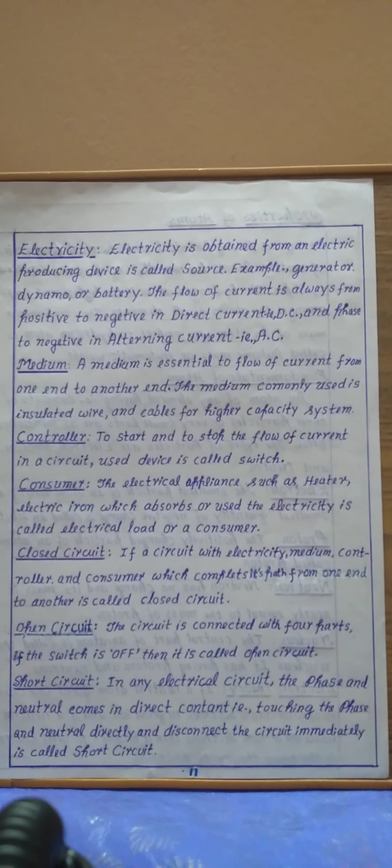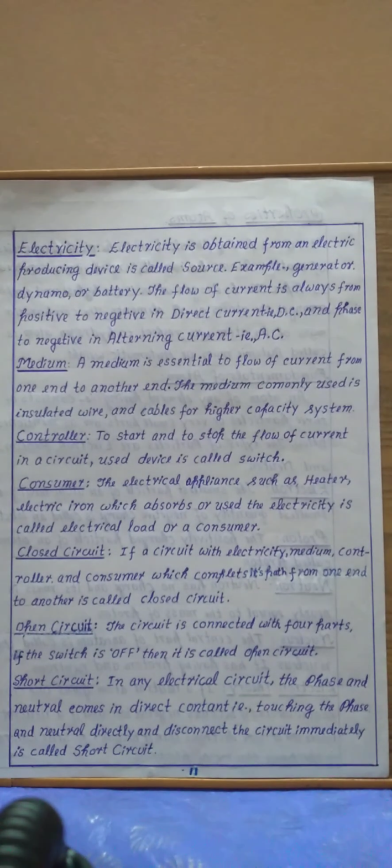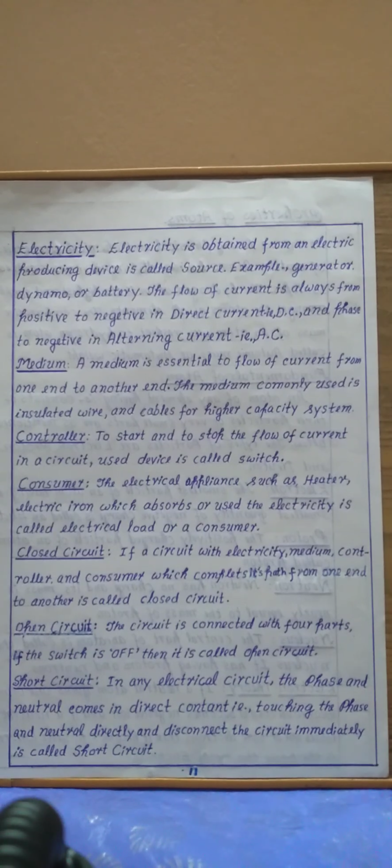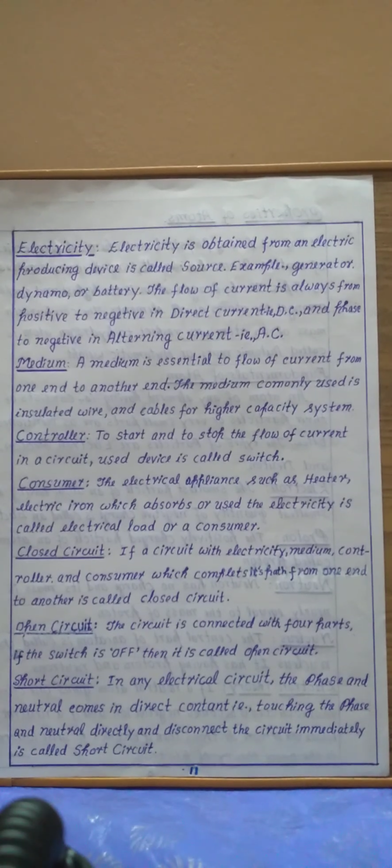Consumer means you are using a particular system or material, goods, substances or articles. That means how much it will use. That is called consuming. The consumer means who is using the electricity.